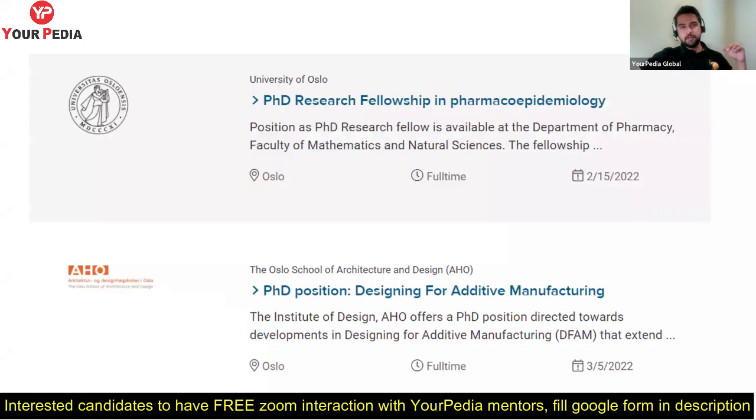This is one university from Norway, University of Oslo. There is a PhD research fellowship, and the deadline is 15 February. Similarly, another PhD position in additive manufacturing. If you are from mechanical, you know about this thing. The deadline is 5th March. So different deadlines.